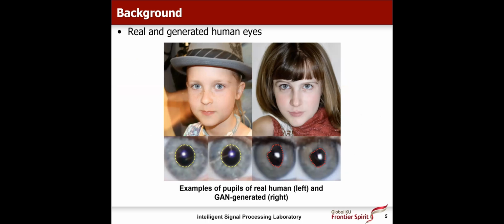The pupils of a real human are always a smooth ellipse. On the contrary, for GAN-generated human faces, the pupil always appears as an irregular shape.